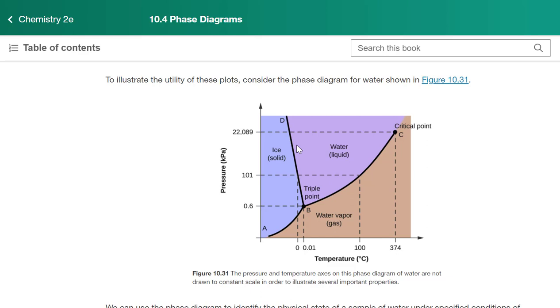So it's different in that regard. There's actually a few implications for that difference. One of them I'll go ahead and mention. Because liquid water is more dense than solid water, that means that ice floats.